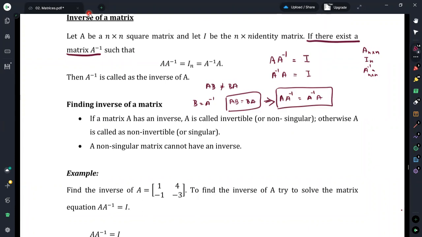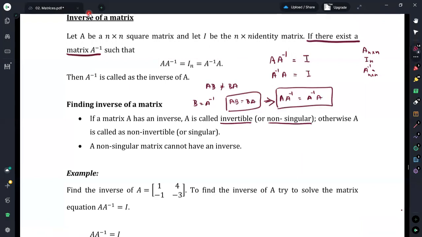And if a matrix has an inverse, then such a matrix is called an invertible matrix, or we say such matrices are non-singular. If the inverse exists, such matrices are said to be non-singular or invertible matrices.